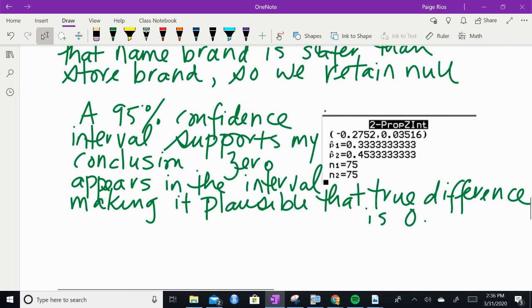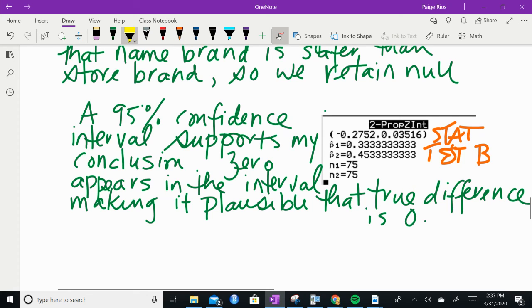Now, in order to check to see if retaining the null was the appropriate decision, I went ahead and did a two proportion z interval. That's going to be test B. Okay.